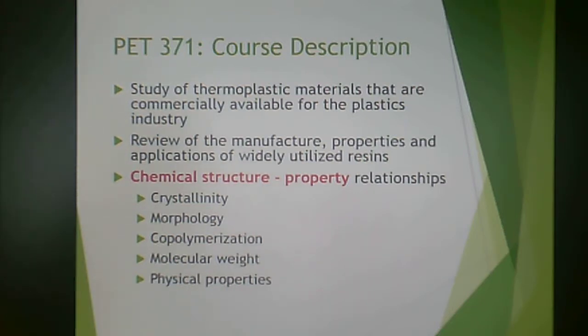What I will be focusing on is chemical structure-property relationships, meaning what the chemical structure has to do with the processing properties that we care about for industry. Some of these chemical structure properties are crystallinity, morphology on the molecular level, copolymerization, the kind of monomers you use to make the polymer, molecular weight, how big the polymer is, and then the physical properties that result from that chemical structure.